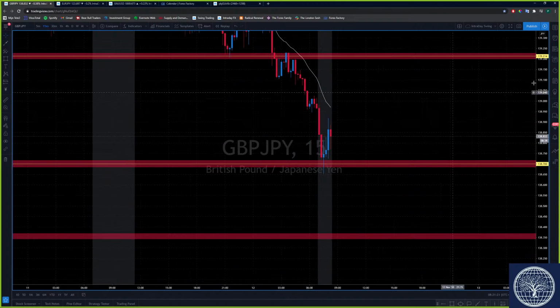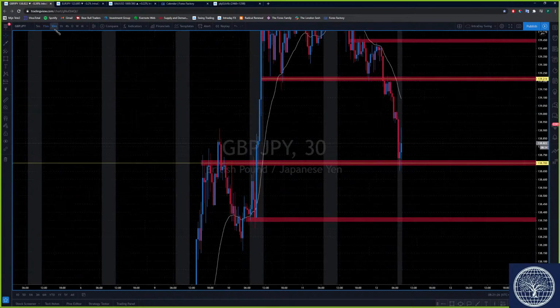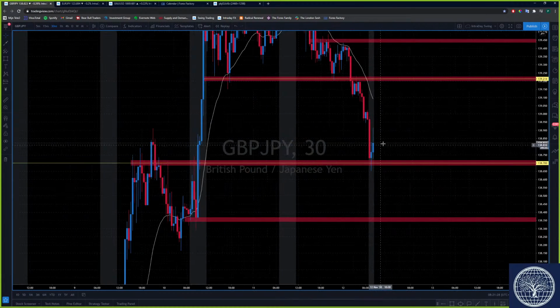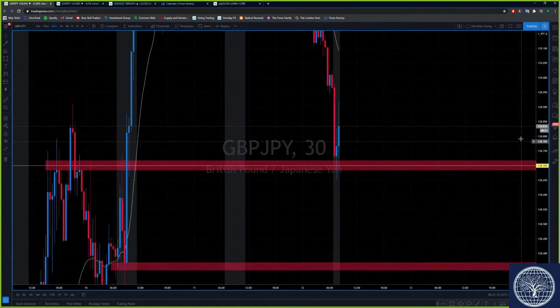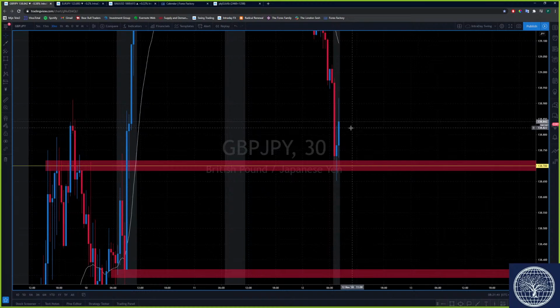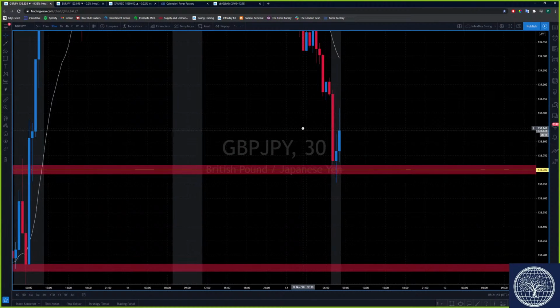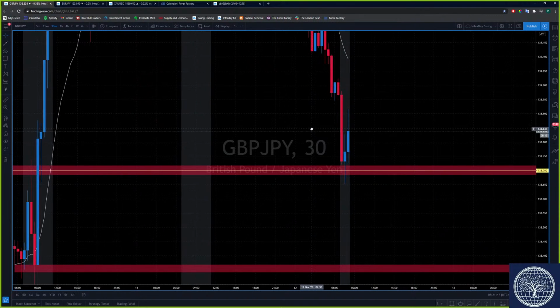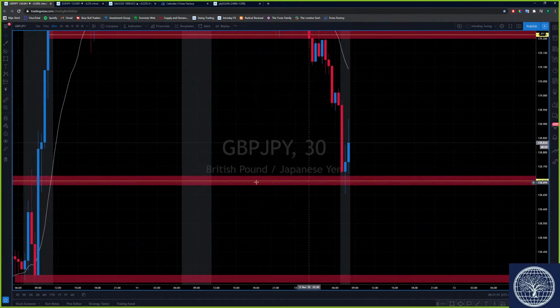But if you do the same thing and wait for candles to close in your direction, so candles are going bullish towards a resistance, and you wait for a candle to close bearish at resistance, I think that's going to be a much higher probability on this.